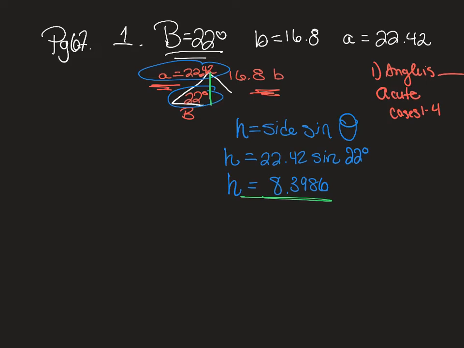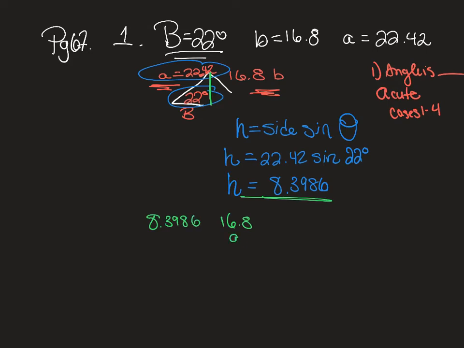So if you're looking at your cases that are on, we were at 1 through 4. So because 16.8 is my swing side, and then I have my height, 8.3986.